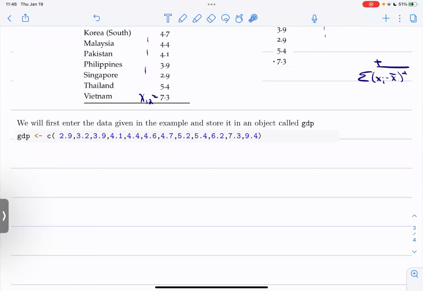You can use Excel, right? You can use an online calculator, anything. The answer will be the same though, so it doesn't matter, as long as you specify that you want the sample standard deviation, because it's a sample.